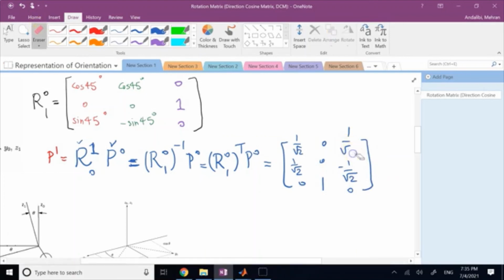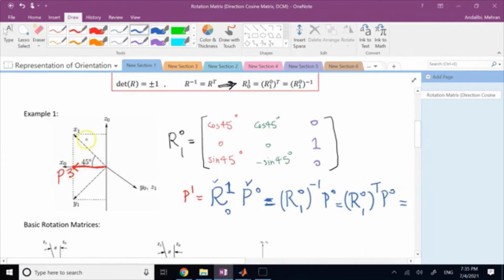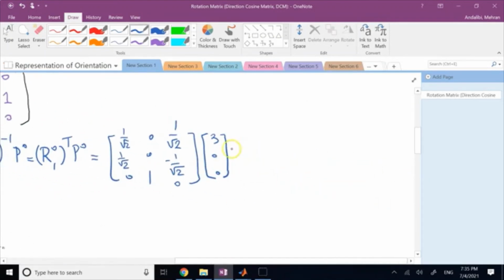Okay, so that's the transpose of that matrix, and then multiply that by what? Multiply that by the coordinate of P in frame 0, which is simply 3, 0, and 0. And if you do that, guess what you would get? Just do the multiplication.